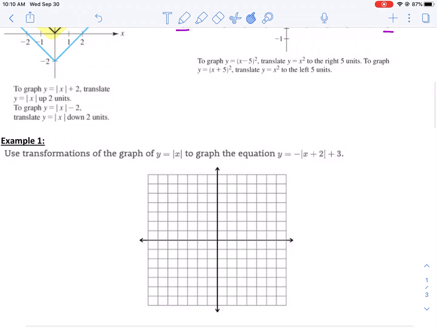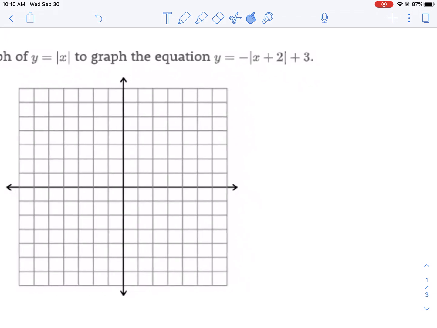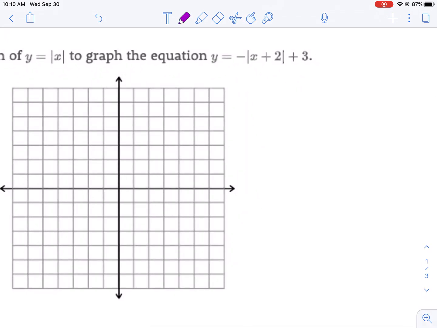We're going to use transformations of the graph y equals absolute value of x to graph the equation y equals negative absolute value of x plus 2, plus 3. A lot of things happen here. First thing, I want to know the general shape.